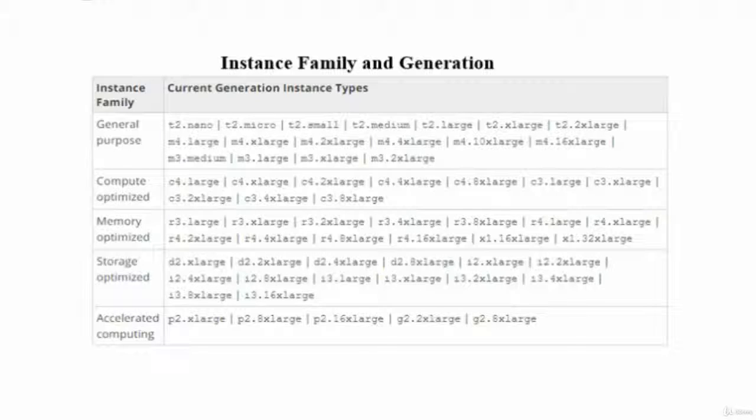If we see the family column, we have general purpose, compute optimized, memory optimized, storage optimized, and accelerated computing. AWS has created a bunch of families with specific parameters or traits.